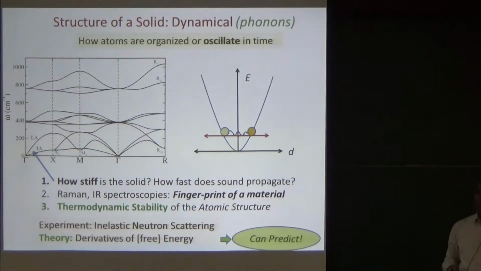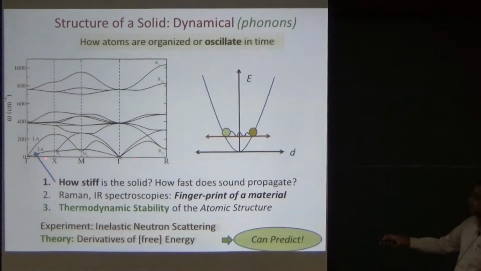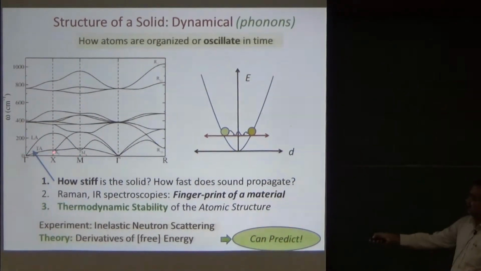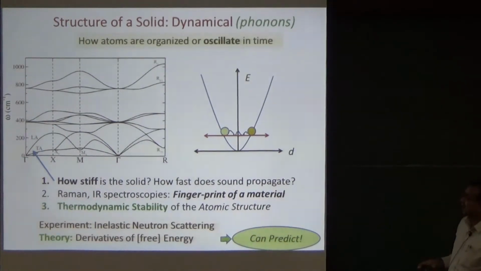Second level of structure, I call it dynamical structure, or what is called phonon structure. It says how atoms are organized or oscillating in time around their equilibrium positions as a function of wave vector. These are acoustic phonons, which give you how stiff your solid is, and these are optical modes, which give you coupling with IR or visible radiation.